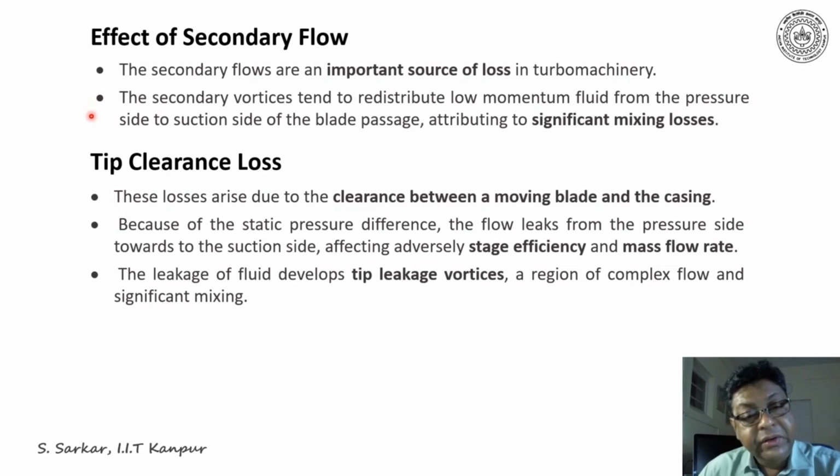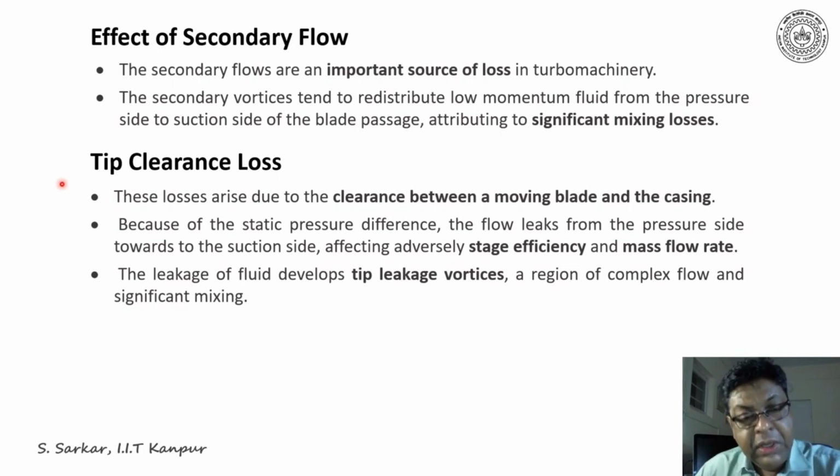Here, the secondary flow vortices tend to redistribute low momentum fluid from the pressure side to the suction side of the blade passage, attributing to significant mixing losses. Thus, the main loss of secondary flow is the mixing loss because of redistribution of momentum from pressure side to the suction side.